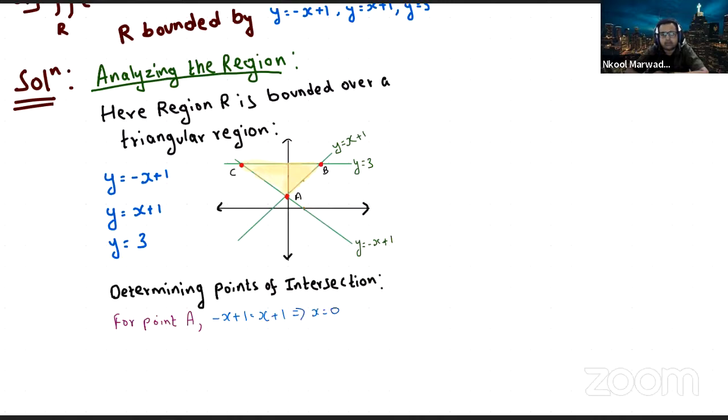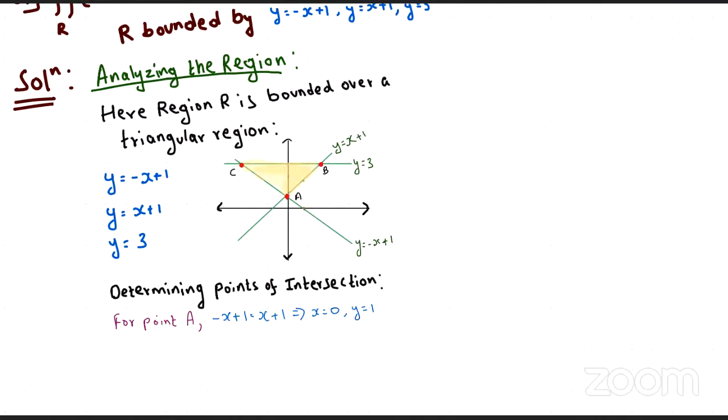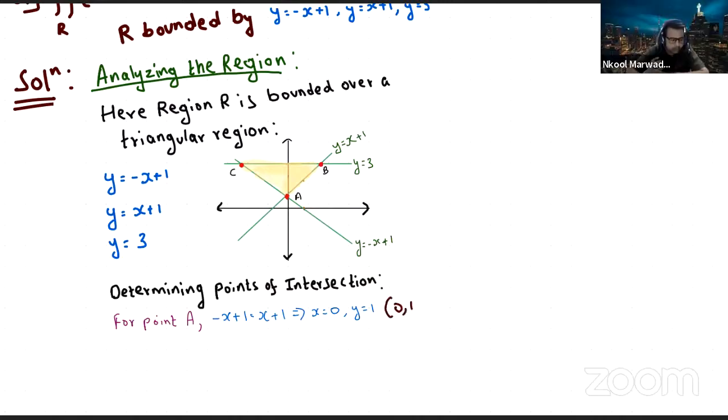And when x is 0, y is 1. So this is the point I got. So point A is (0, 1). So one of the points is (0, 1). Similarly, we can get point B.